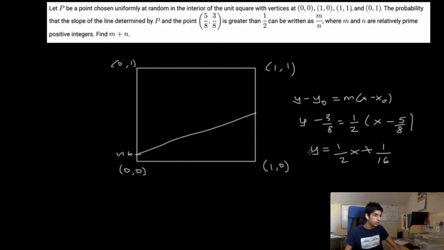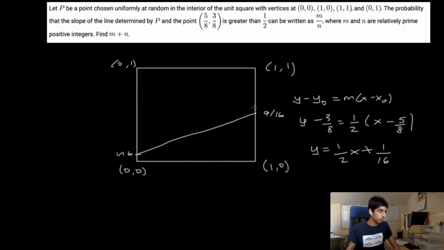Alright, so what is this y coordinate going to be here? Well, we plug in 1, so we have 1/2 plus 1/16. That is going to be 9/16. So here we have 9/16.